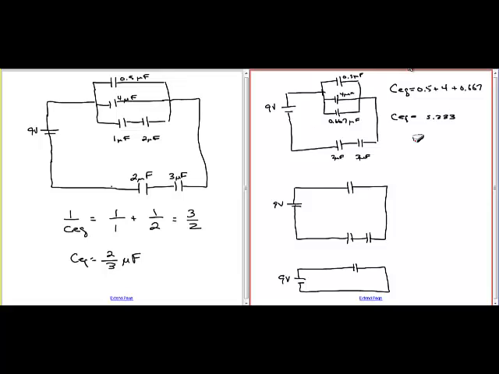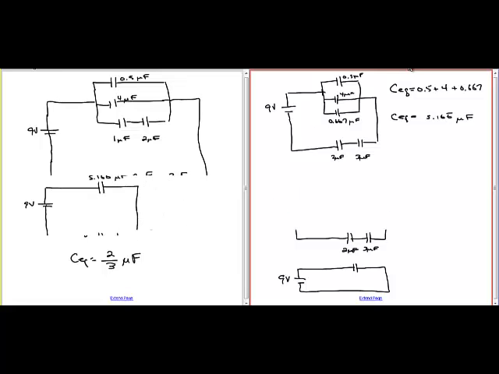Oh, 5.16. Glad I checked it. Microfarads. So we can then make this into 5.166 microfarads. This one is still 3 microfarads. This one is 2 microfarads. Okay, let me just add a page.